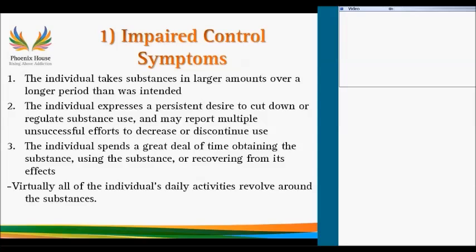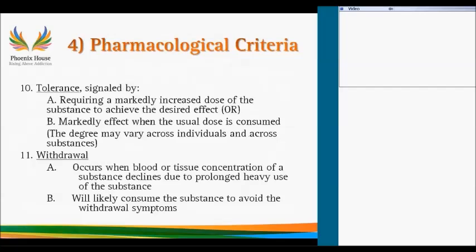If someone met the criteria for tolerance, it would be inclusive of having met the criteria for number one. So the individual takes substances in larger amounts over a longer period of time than was intended, and then getting to the root of it, which is requiring more in order to increase the desired effect. It's really a language thing. There's a slight difference. But the idea here is that you can have somebody who chooses to use more than was intended, but requiring more in order to gain the intoxication effect is specifically different and based on physiology and pharmacology.